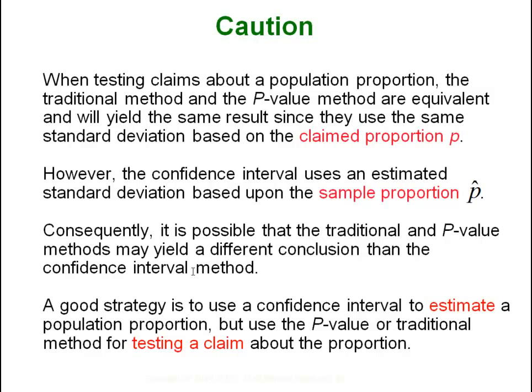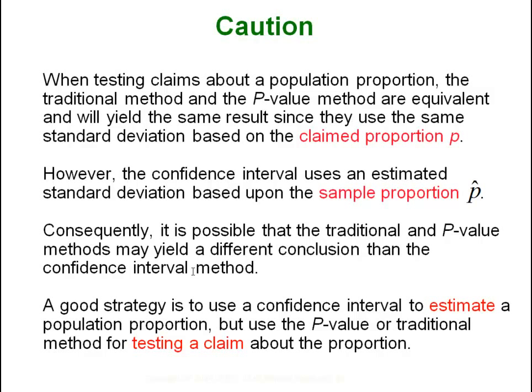Therefore you can get a confidence interval that really isn't accurate around the claimed proportion p. So it's possible to get a result from the p-value method and the critical value method that is different from the confidence interval method. You could do the p-value method or the critical value method, and they both tell you to reject the null hypothesis. However, you could then do the confidence interval method and it would tell you to fail to reject. So that's what we mean by a different conclusion.